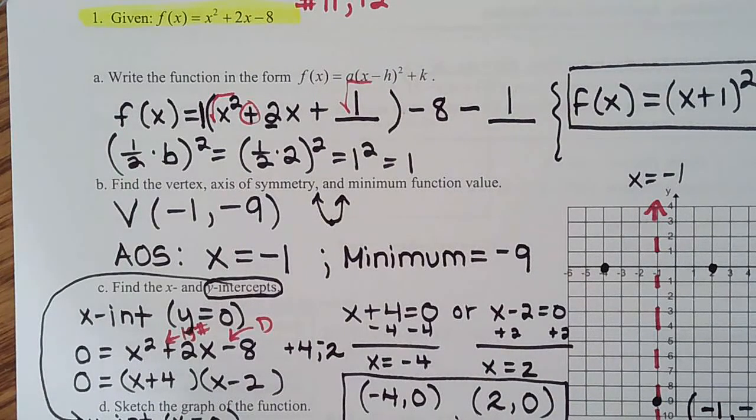So f of 0 equals 0 squared plus 2 times 0 minus 8. So this is 0, this is 0. So f of 0 is negative 8. So that means my y-intercept is 0, negative 8.